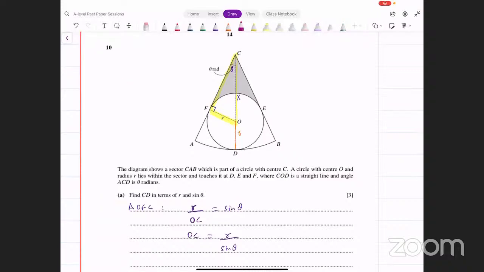FC is the base and OF is perpendicular, so R over FC, perpendicular over base, that should equal tan theta. So FC क्या आ जाएगा? FC आ जाएगा R over tan theta. Let's just use this. ठीक है? FC की लेंथ कितनी आ गई? FC की लेंथ हमारे पास आ गई R over tan theta.